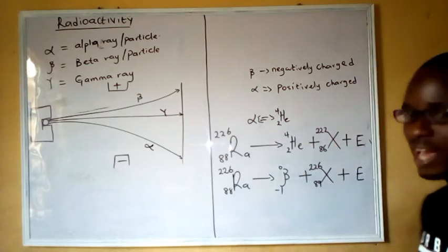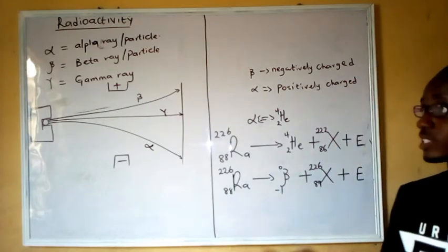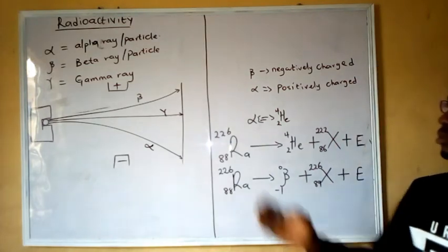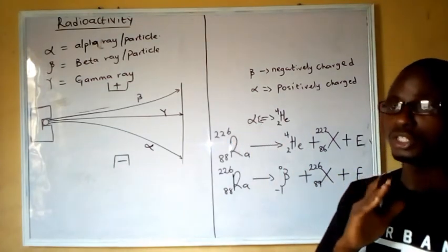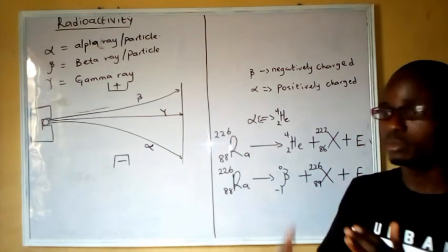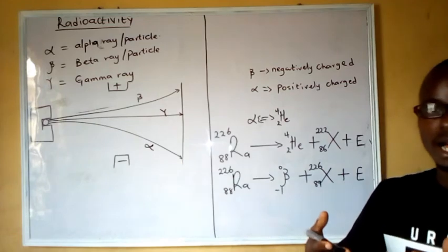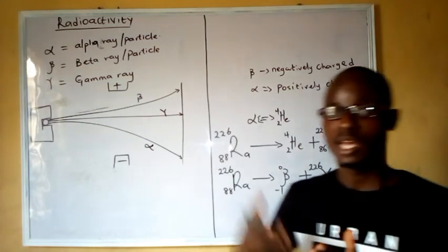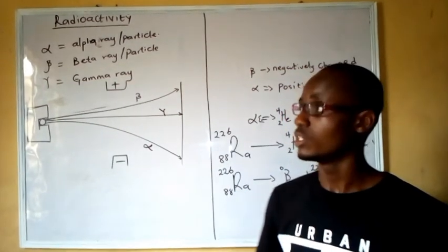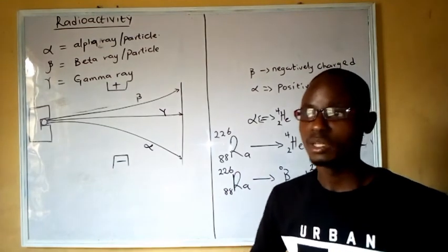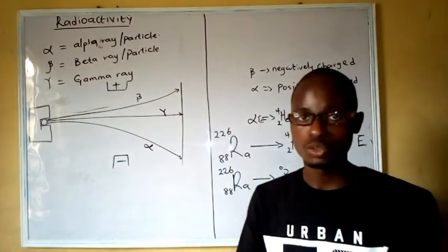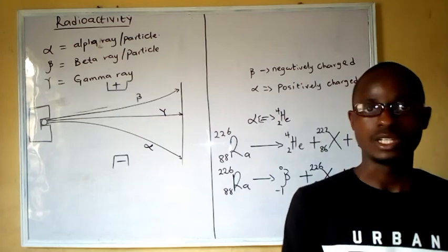So we have two types of radioactivity, because there is a difference between radiation and radioactivity. The process by which a radioactive element emits radiation spontaneously is what we call radioactivity. The particle released in such a process is what we call the radiation.